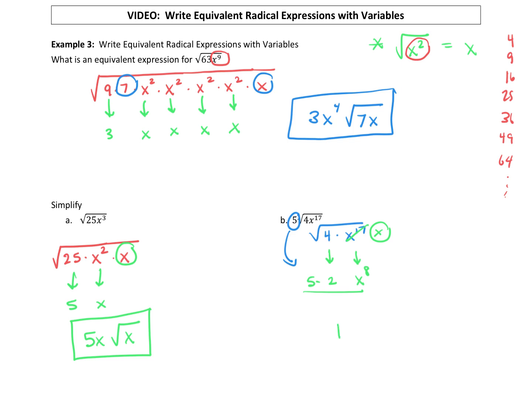So 5 times 2 is 10, x to the 8th power, and then the square root of x, which was left over. We did not have enough x's to square root that last one. We'll go over this shortcut in class, but feel free to write out all your x squareds. When I have such a large number of them, I personally don't want to write those out. So think about it in your head and you will get 8 x's after square rooting, and you can just jump right to the x to the 8th power.